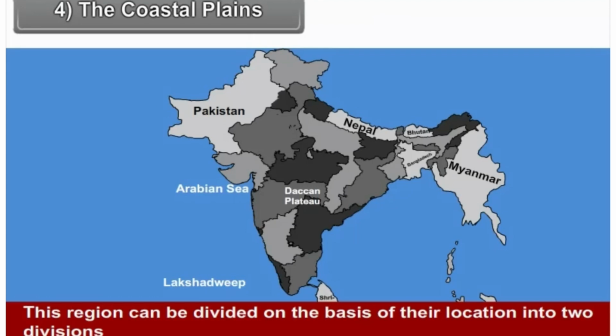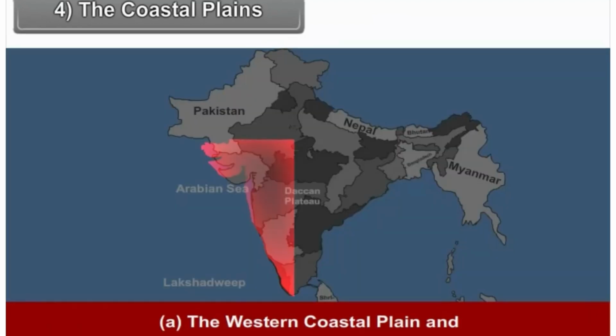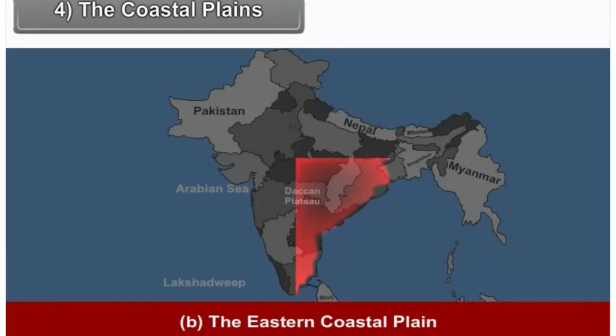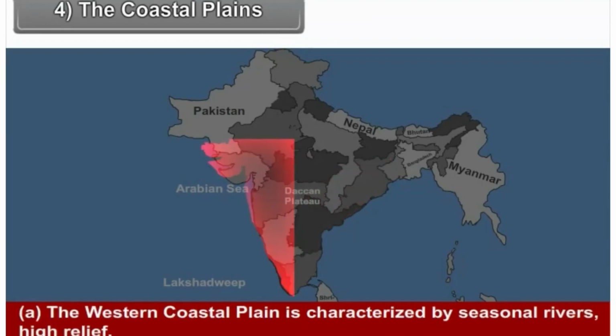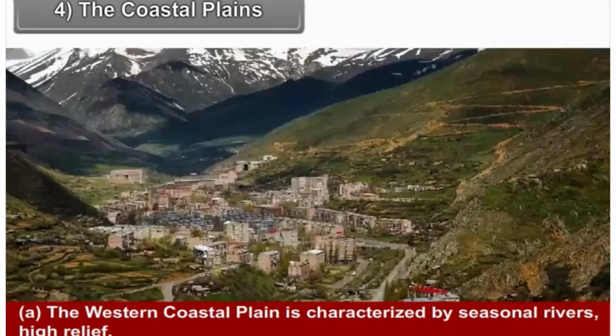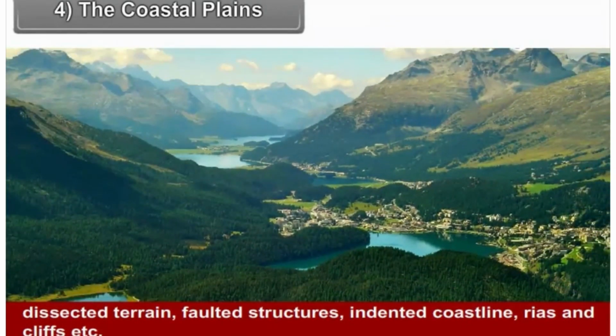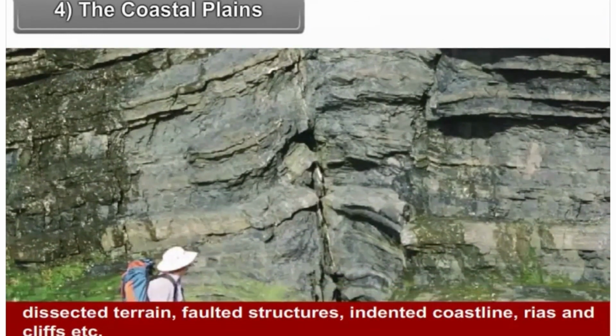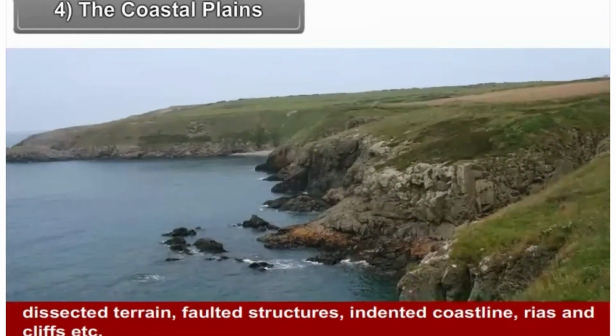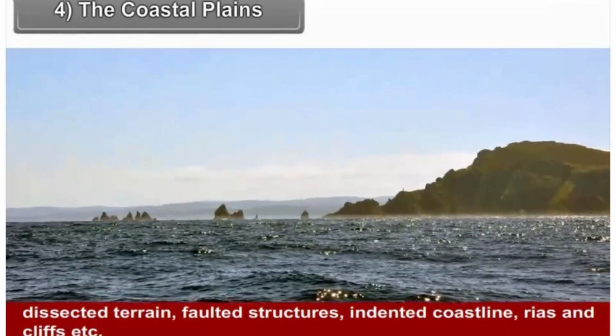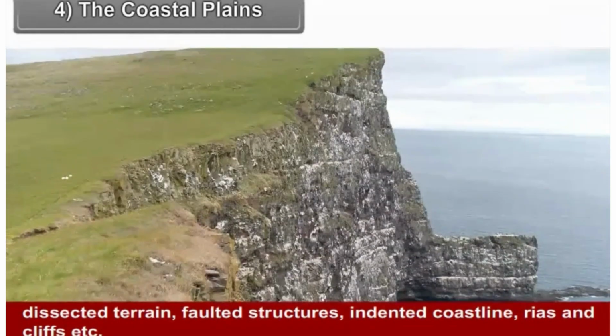4. The coastal plains. This region can be divided on the basis of location into two divisions: the western coastal plain and the eastern coastal plain. The western coastal plain is characterized by seasonal rivers, high relief, dissected terrain, faulted structures, indented coastline, rias, and cliffs.